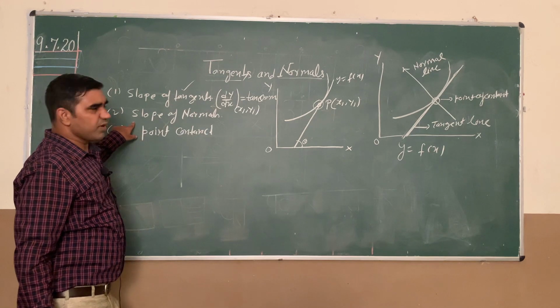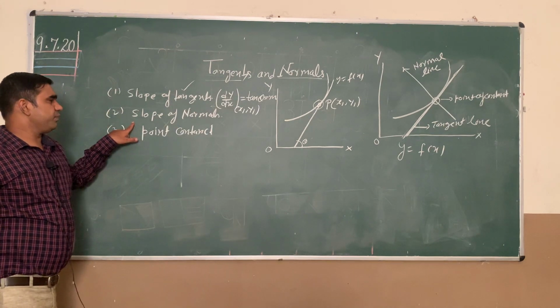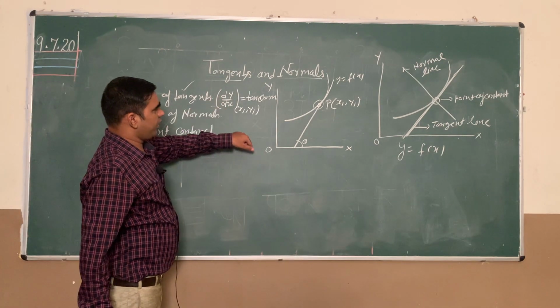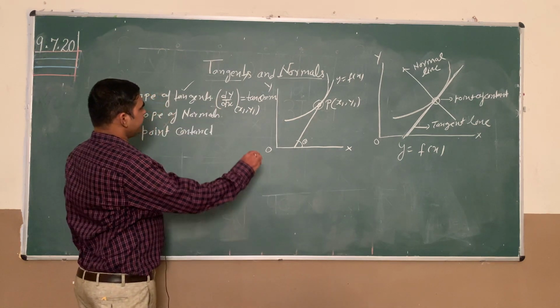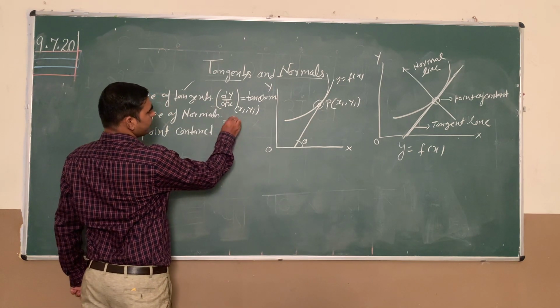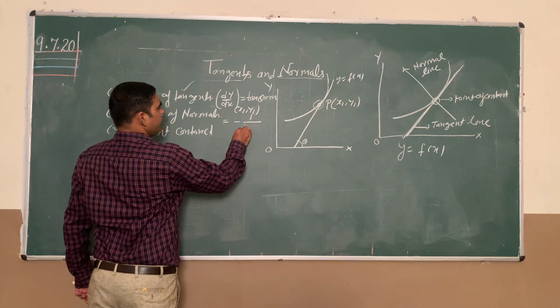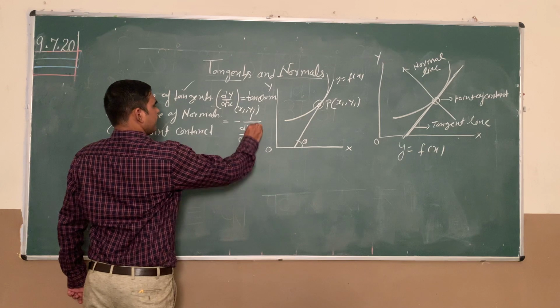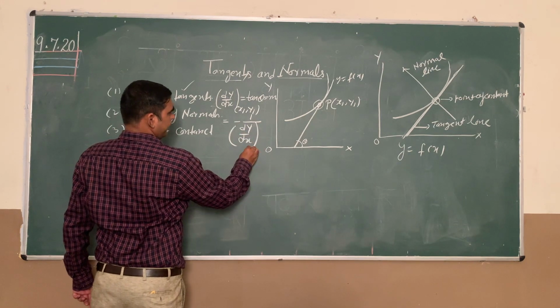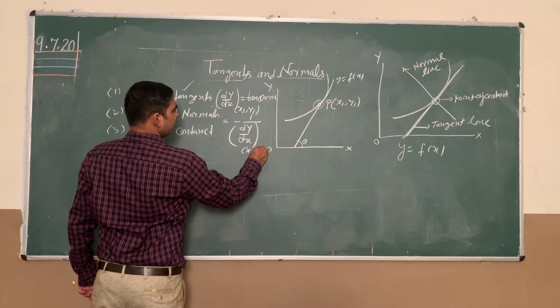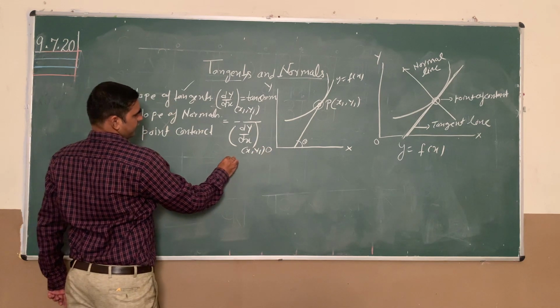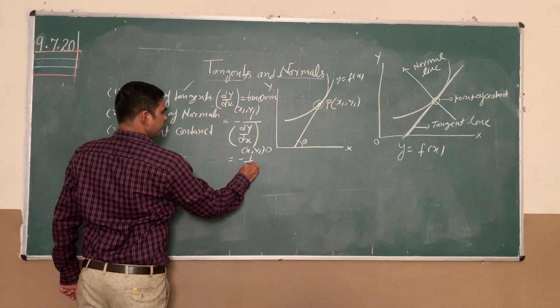Now what is the slope of normal? So slope of normal is negative reciprocal of slope of tangent. That means minus 1 upon dy by dx at particular point x1 comma y1, and this can also be written as minus 1 upon m.